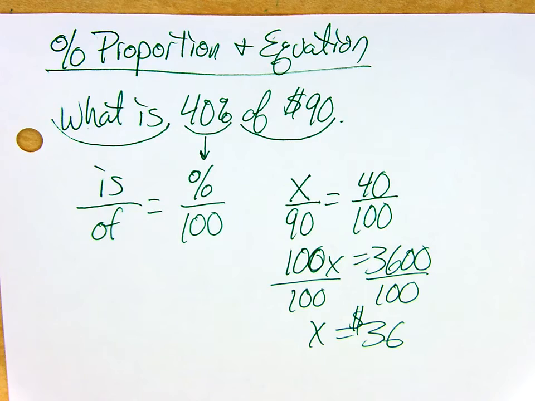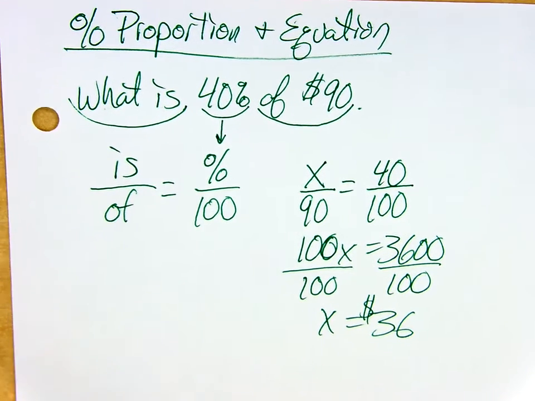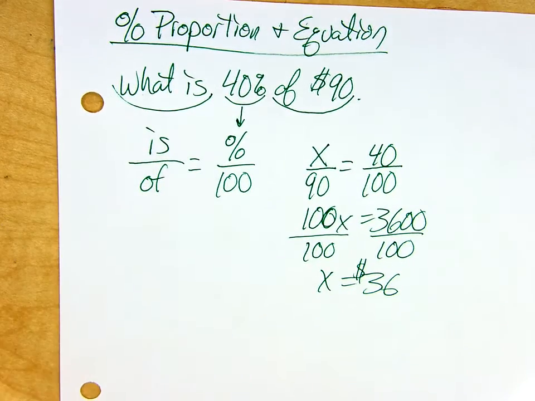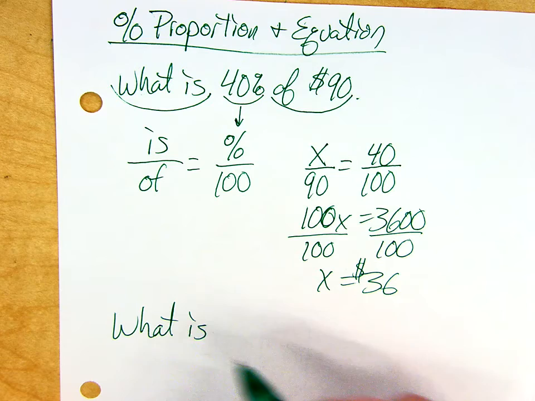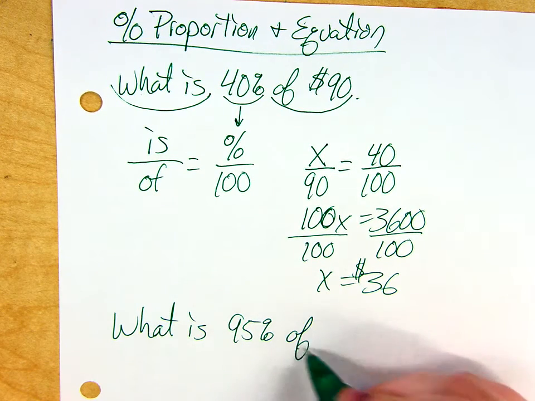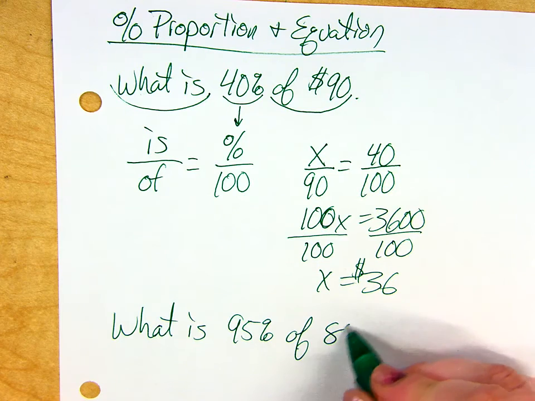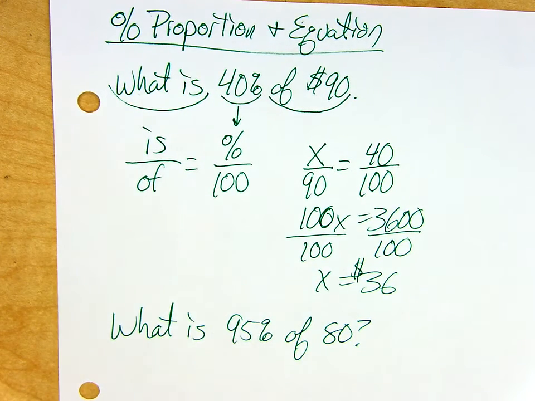Okay, let's try another one just like this. And you try it. You fill in the pieces. And then we'll try another style. How about, what is 95% of, I don't know, 80. So use that same is over of equals percent over 100.